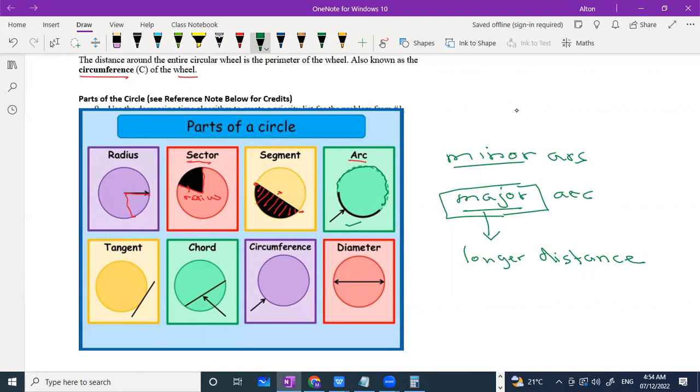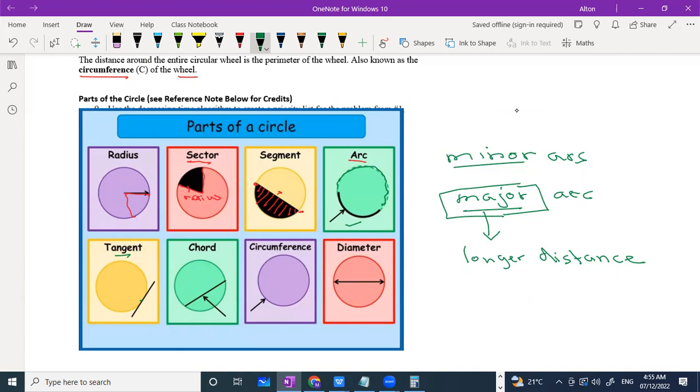Another part of the circle which you'll meet in your study may be the tangent of the circle. So if you draw a line just touching the circumference of that circle, that line is called a tangent.